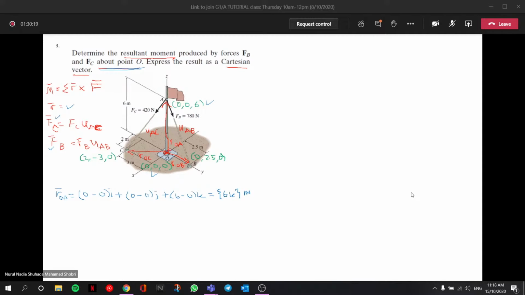Okay, now we try to find the F vector for FB. The value of FB is 780.